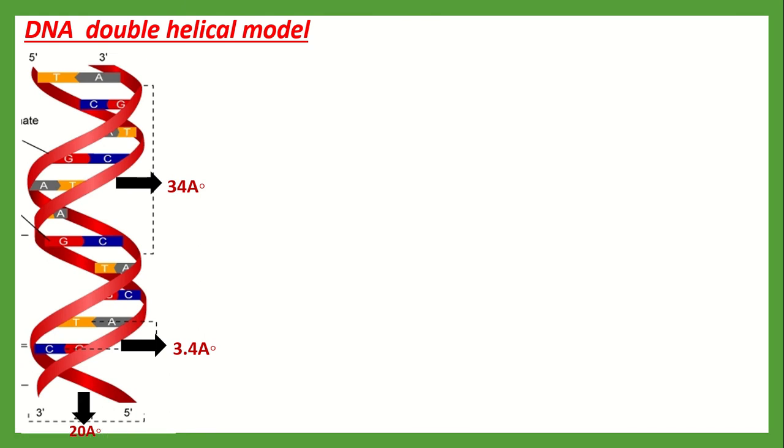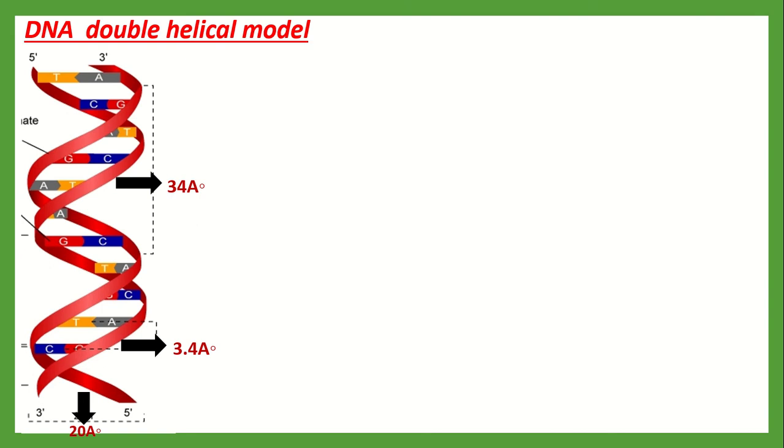Structurally, physically the DNA is a double helical structure. The DNA molecule has two polynucleotide strands. Everybody see, here is one strand and this one is another strand. These two strands are composed of polynucleotides. Okay, and it is twisted from left to right and it looks like a twisted ladder.